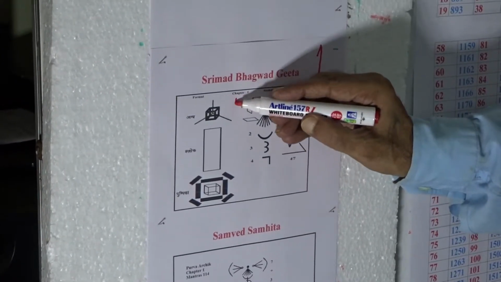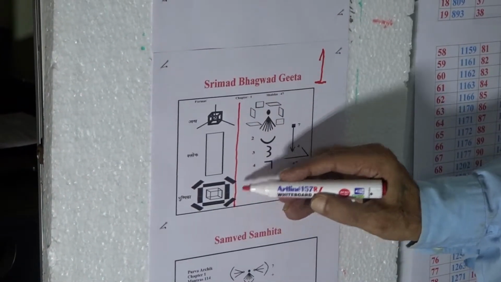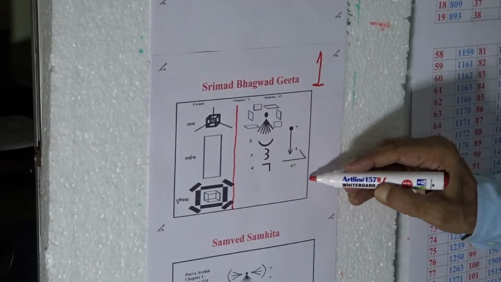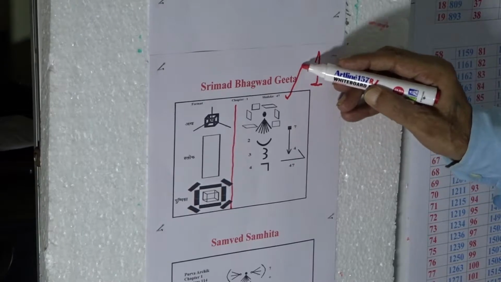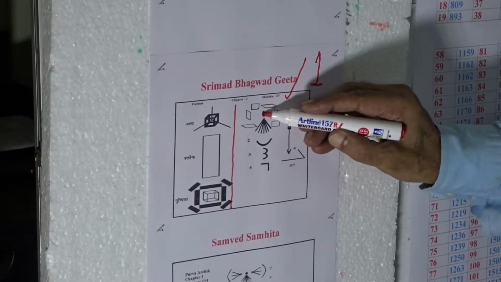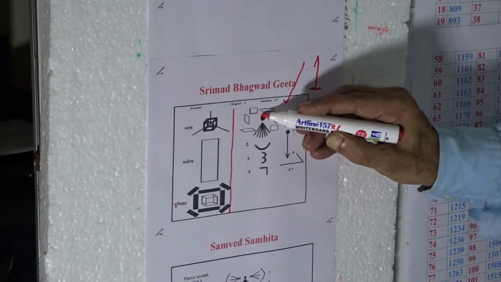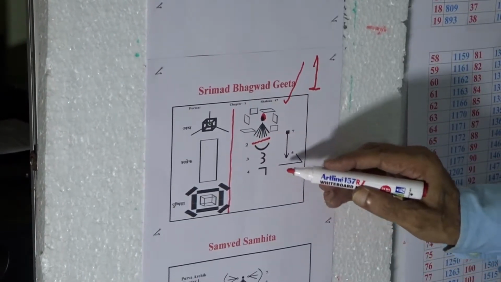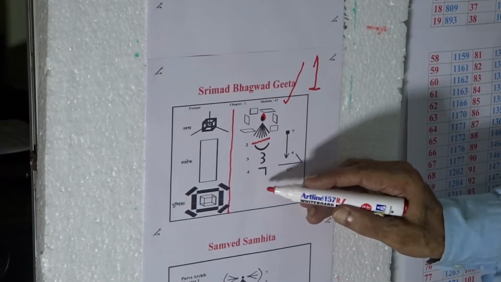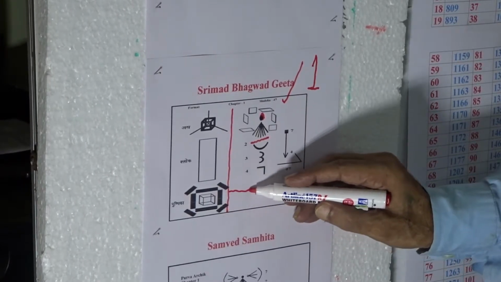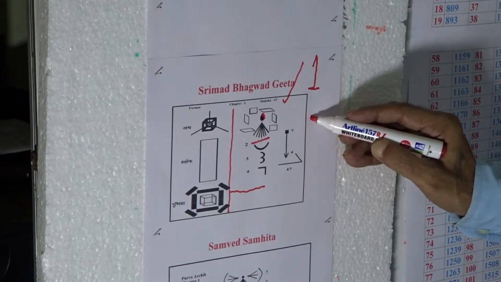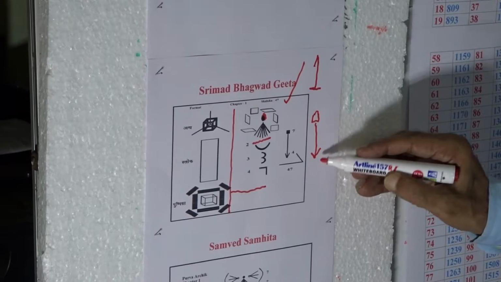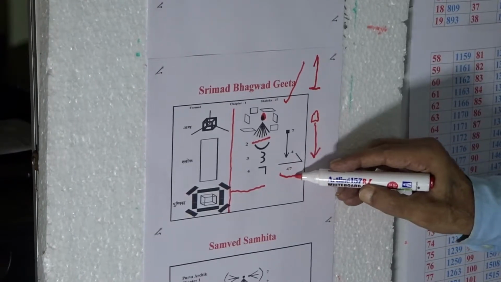Here is the general format, and here is the flowchart of chapter 1, which is of 47 shlokas, and from the Bindu Sarovar there is a flow of 7 streams which ultimately flow up till the 4th quarter, and there is a flow stream chart, this flow of 47 steps.